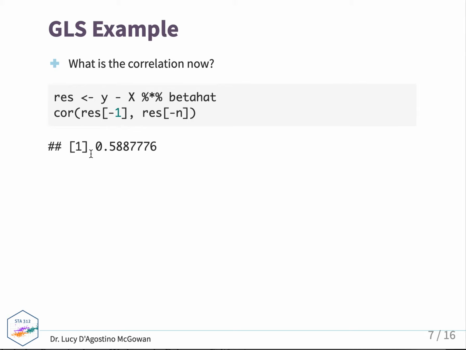And now it's similar to what we had before, but a little bit different. Now it's 0.588. And so the process, if you were doing this by hand, is that you would keep iterating: you find a sigma matrix that you estimate based on some structure that you assume, and then you estimate that phi based on the correlation that you're observing.